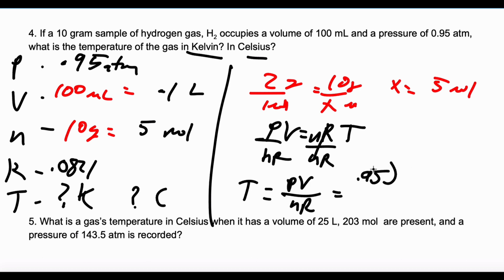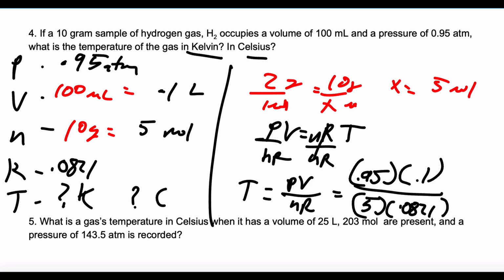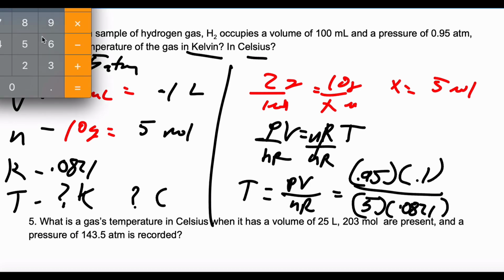0.95 multiplied by 0.1 divided by 5 multiplied by 0.0821. Okay, so then I'm going to do this in my calculator again in front of you. So 0.95 times 0.1 equals, divided by 5 equals, divided by 0.0821 equals.